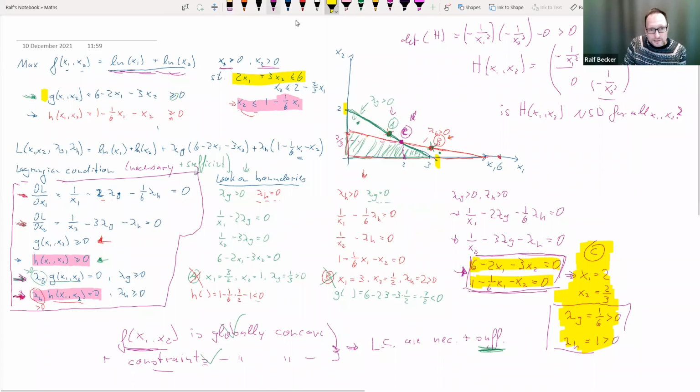In this particular case, the area in which we are looking is really a confined area, the green shaded area here. So we don't need to look at how the function behaves if, say, x1 goes to infinity, because x1 isn't allowed to go to infinity, and neither is x2.